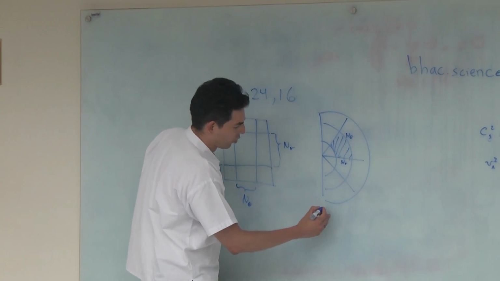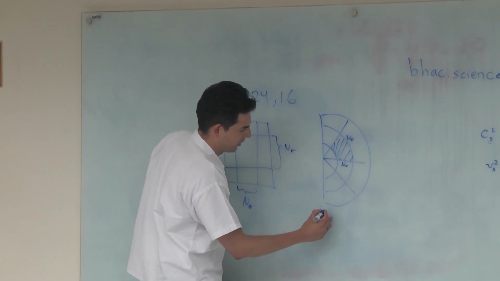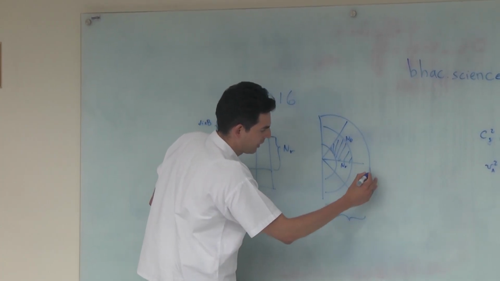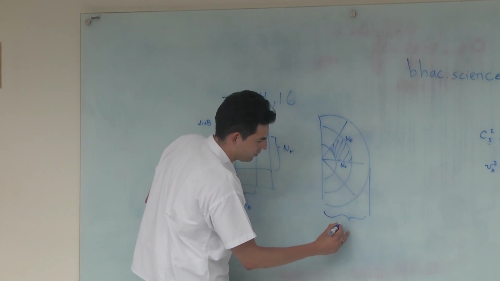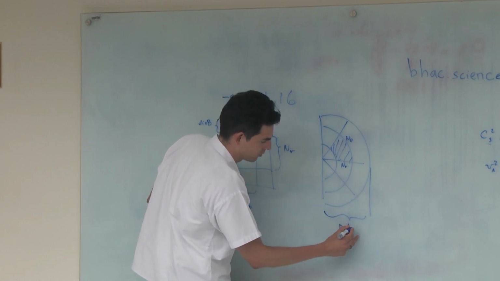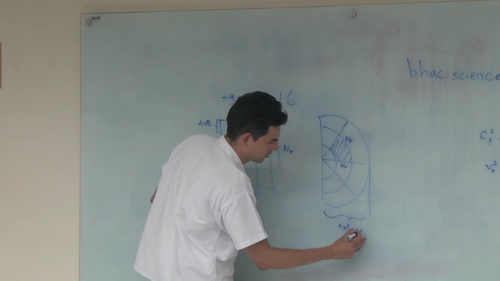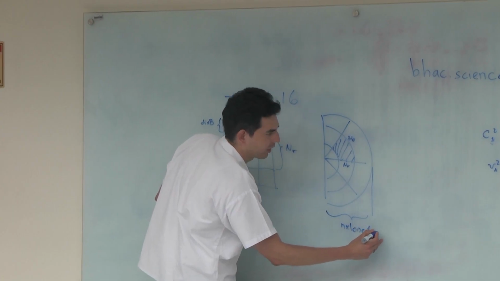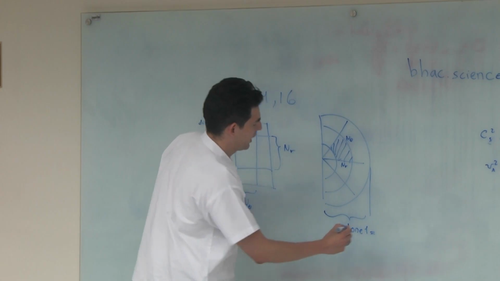So this would be the number of cells in the radial direction, which in this case is 48.